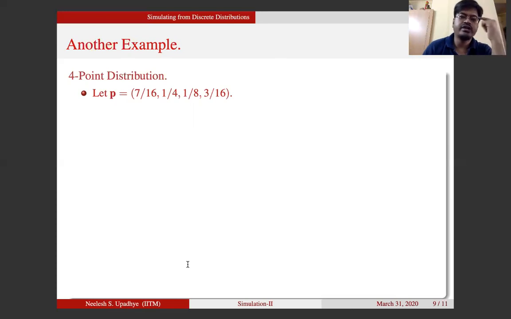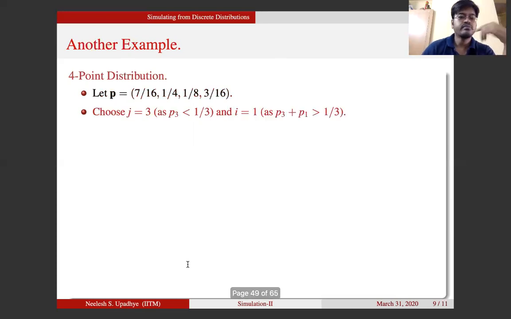Can you figure out any? Again, j is equal to 3 will be my chosen pj. That is j is equal to 3 means p3 is less than 1 by 3. Corresponding to this, I want something that is greater than 1 by 3. So let us take 7 by 16, so p3 plus p1 is greater than 1 by 3. So I have chosen the points 1 and 3 to be buddies of each other.